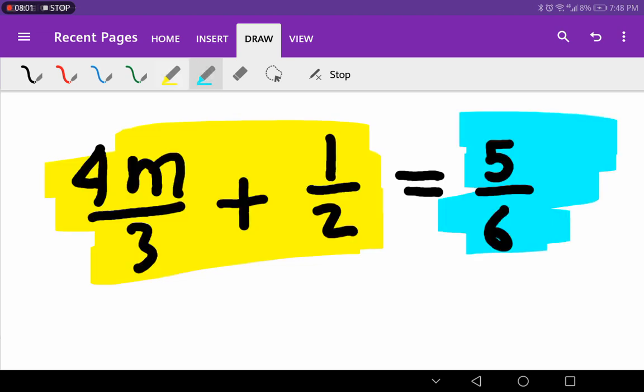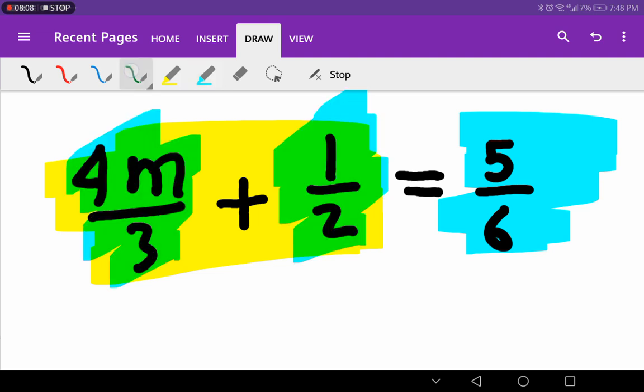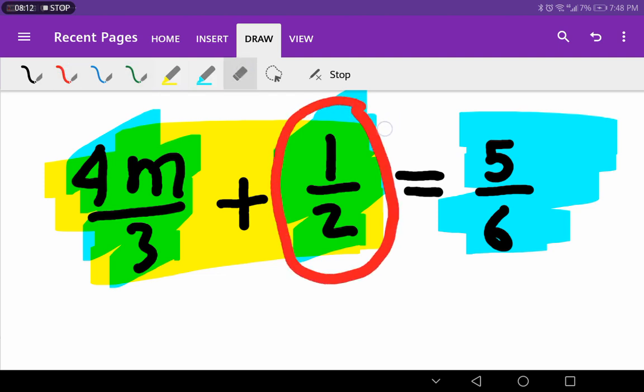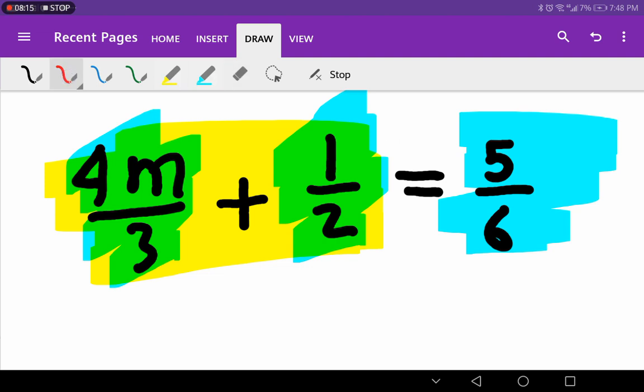In the left side here, I cannot combine this with this because this has no m. We agree about this. So directly we subtract 1 over 2 from both sides.